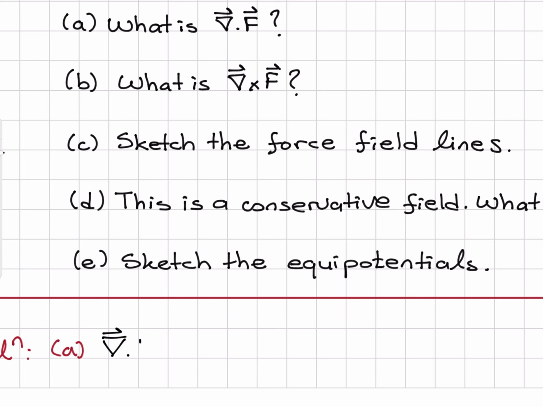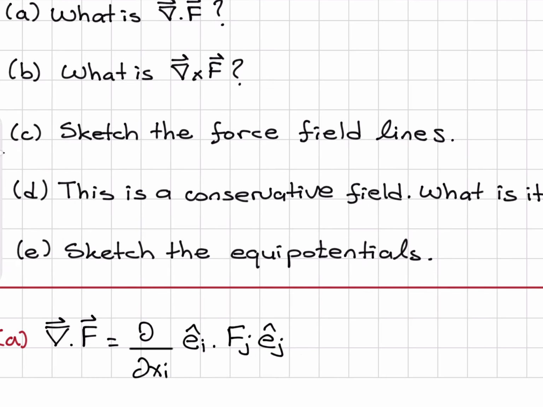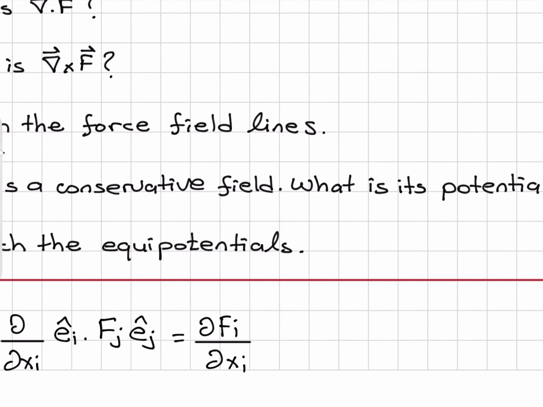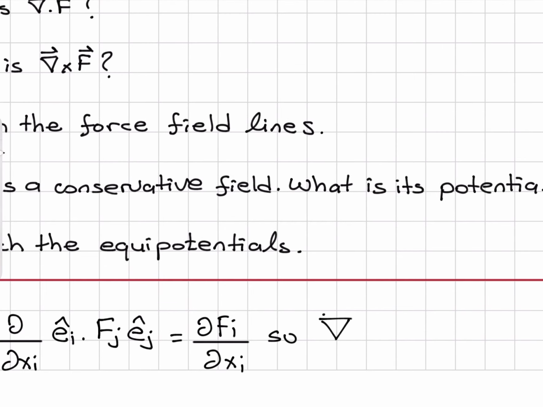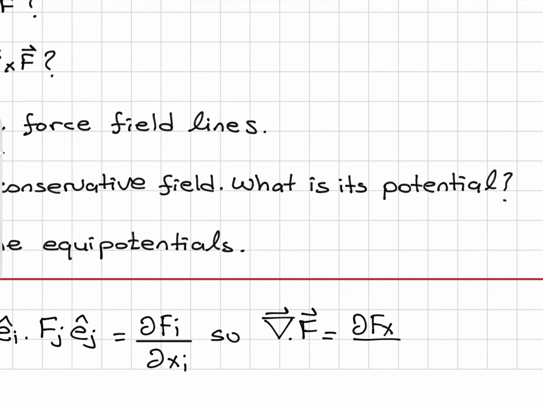Divergence of F means we're taking the dot product of del xi ei hat with fj ej hat, which is nothing but Kronecker delta ij del fi del xi, which means divergence of F is del fx del x plus del fy del y.